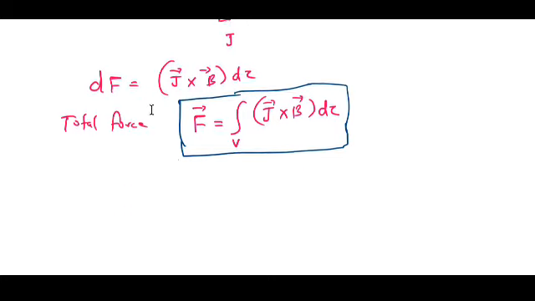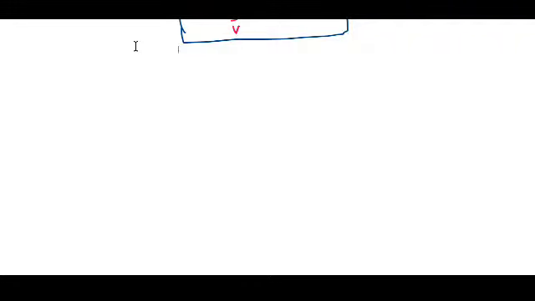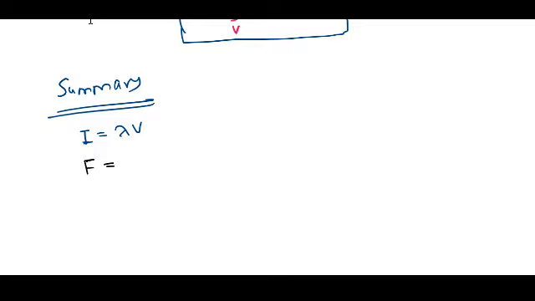If you summarize the three cases that we have discussed so far: I is equal to lambda V. This is the linear current, and the force on this linear current is the line integral of I cross B ds.